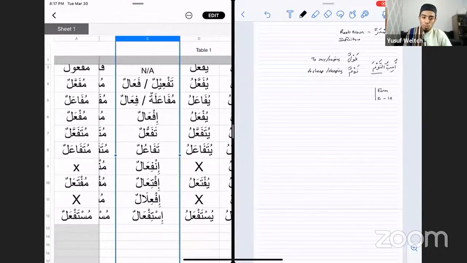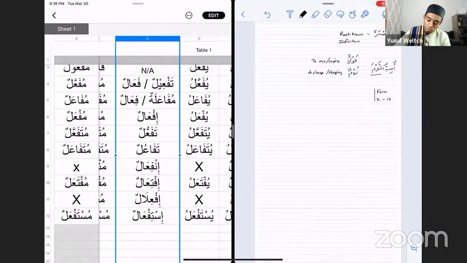Forms 2 and 3 both have more than one, whereas the rest have only one. So memorizing these masdars is very important.